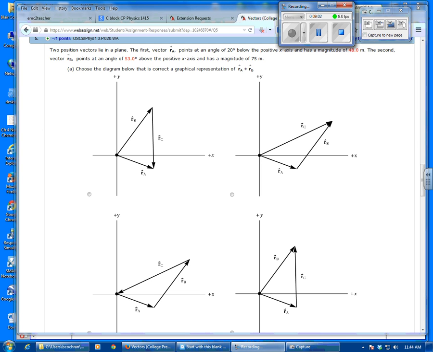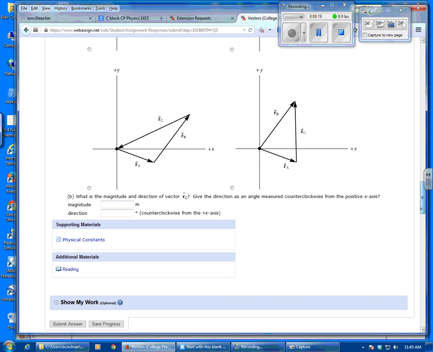Okay, so now I'm adding those two together. So I'm looking for an RA and an RB that are in tip-to-tail arrangement. So in the upper left corner there is tail-to-tail, throw that one away. Upper right corner, tail-to-tail, throw that one away. Okay, so I'm going to forget about those two altogether. In the bottom left corner in mine, I have tip-to-tail.